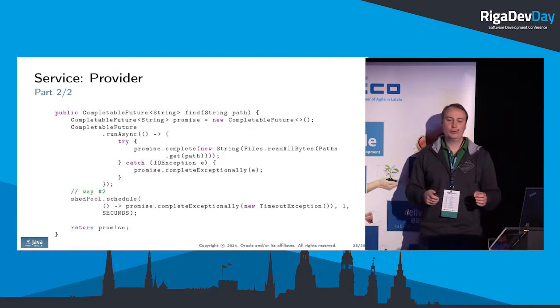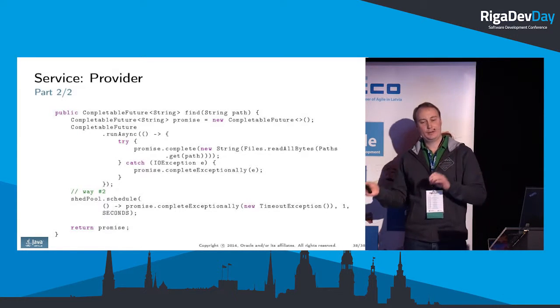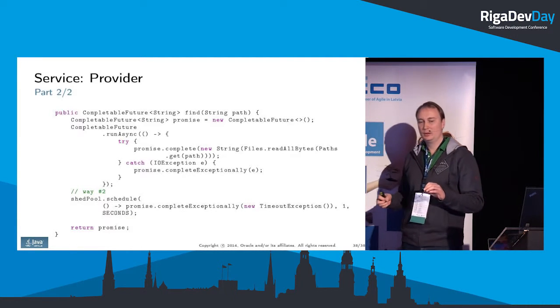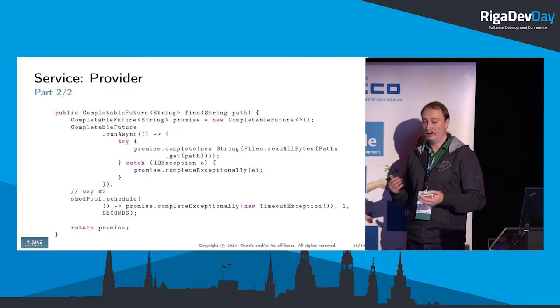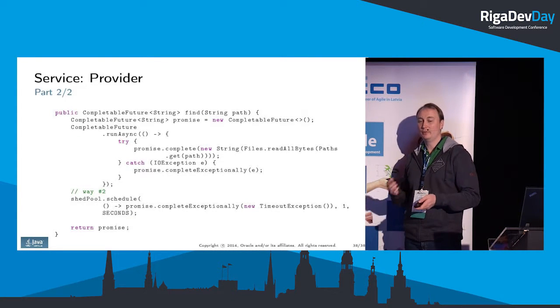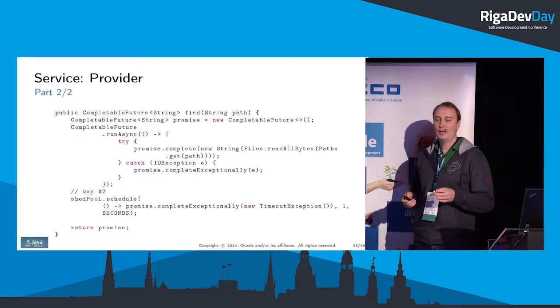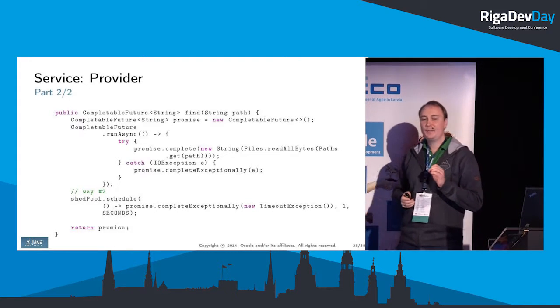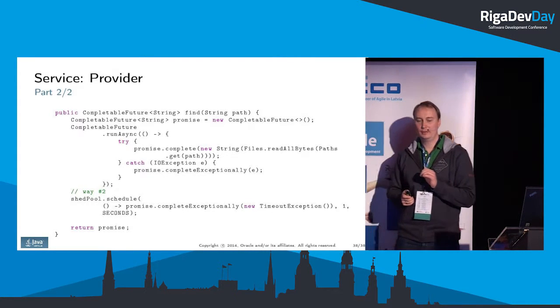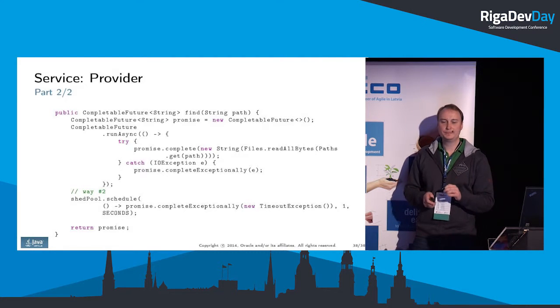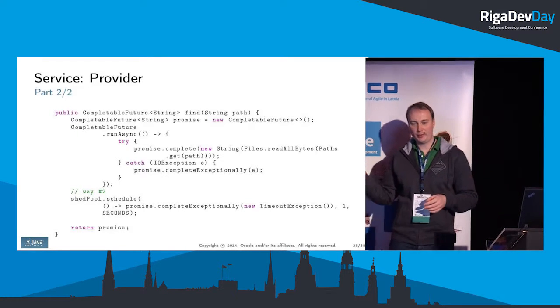We schedule some task that's actually a CompletableFuture, and it tries to complete our future with the result of some hard operation.